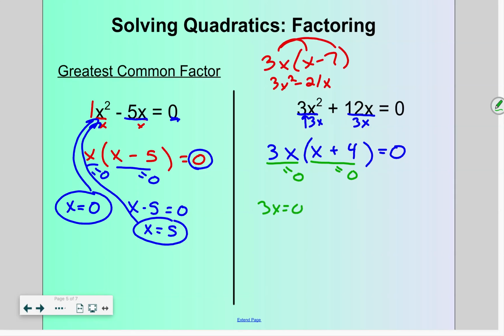Well, if 3x equals 0, then x has to equal 0. There's one answer. And the other one, if x plus 4 equals 0, then we have an x value of negative 4.